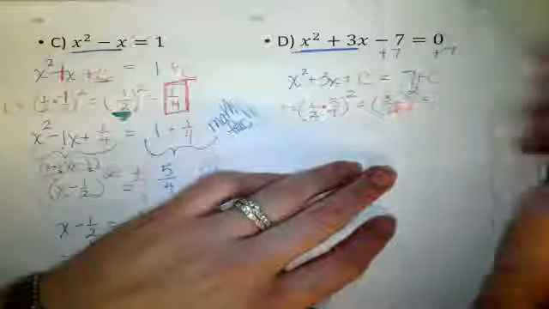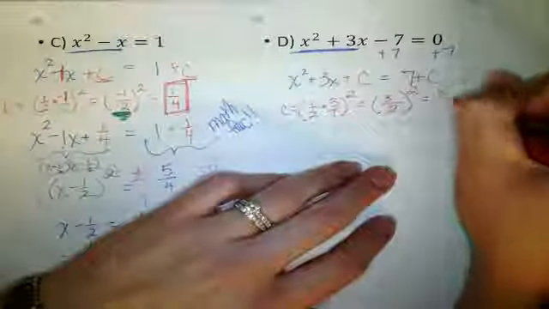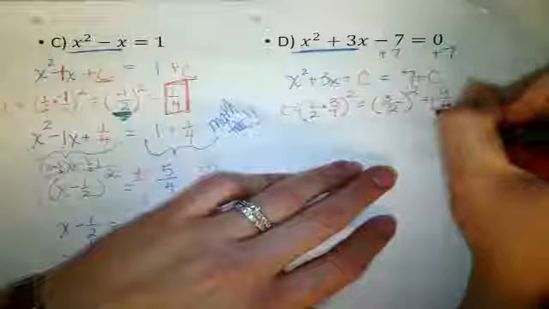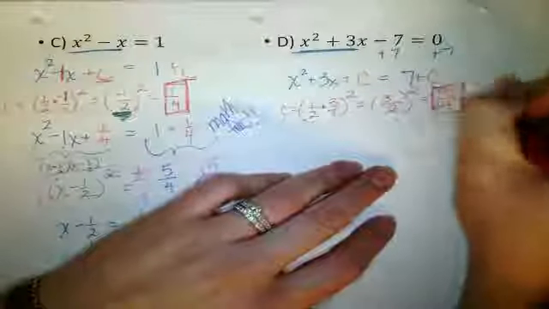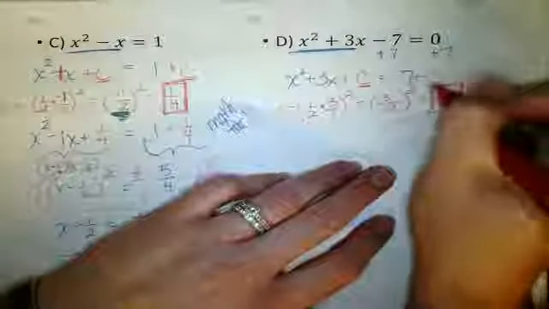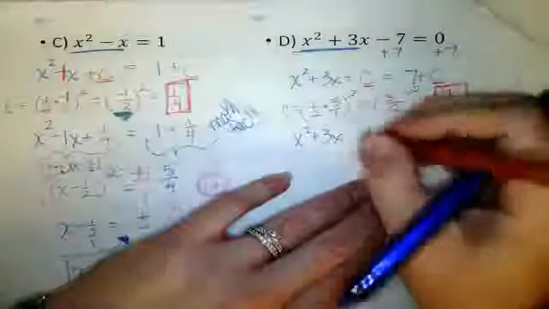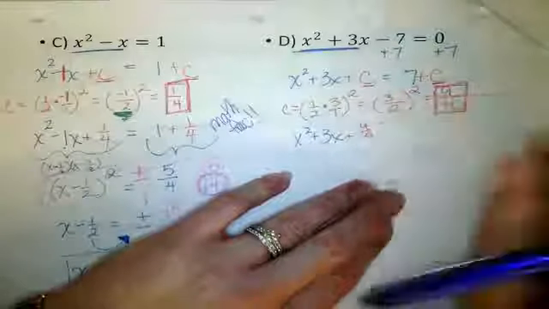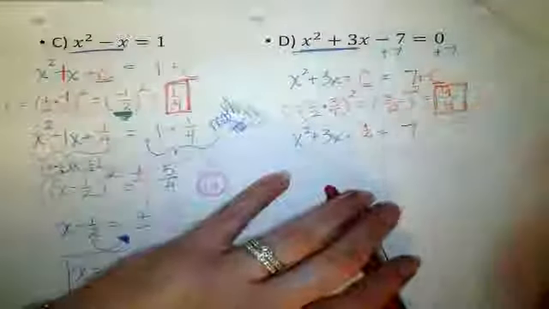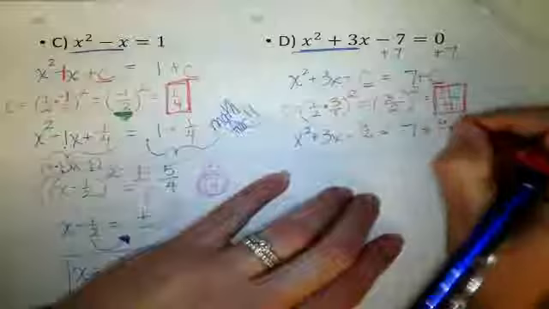Yeah, 3/2 times 3/2. 3 times 3 is 9. 2 times 2 is 4. So we get 9/4 for our value. And I'm going to plug right back into my equation. X squared plus 3x plus 9/4 equals 7 plus 9/4.